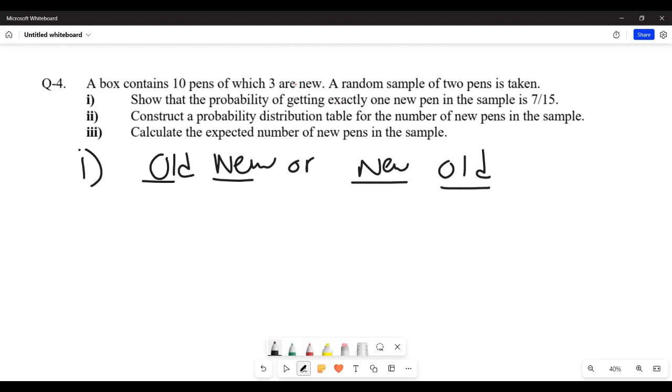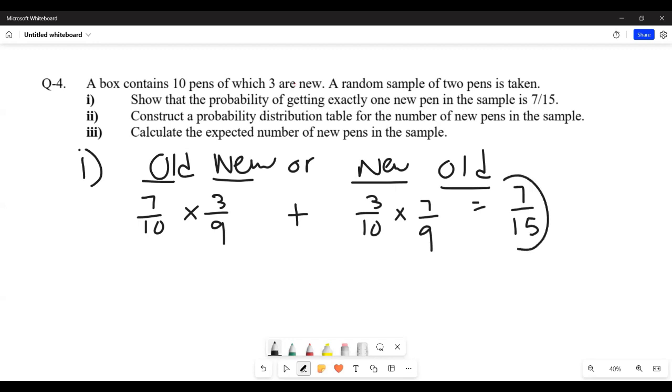Its probability of being old would be 7 by 10 times the probability of getting a new pen, 3 upon 9, plus the probability of getting a new pen in the first draw, 3 upon 10, then the probability of getting an old pen, 7 upon 9. This would be equal to 7 by 15.